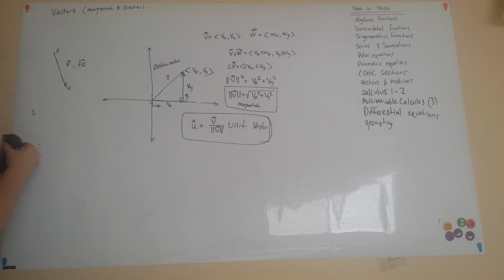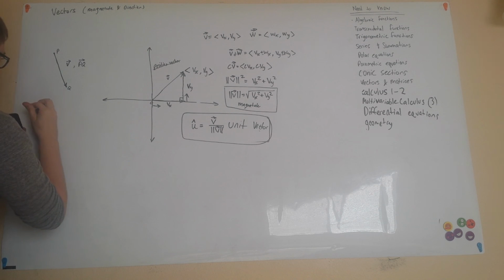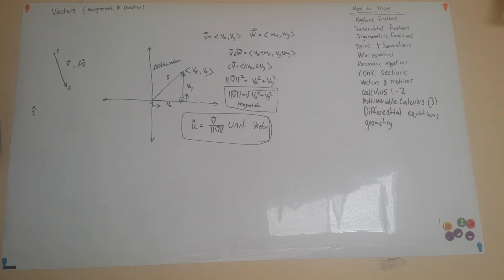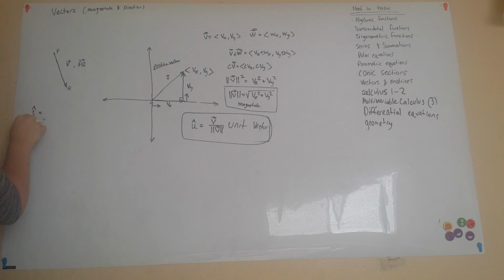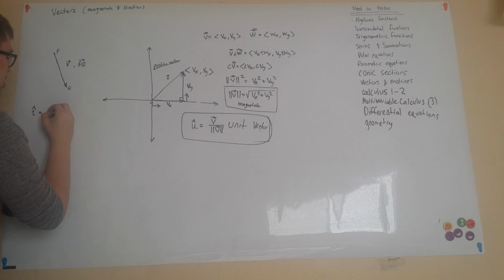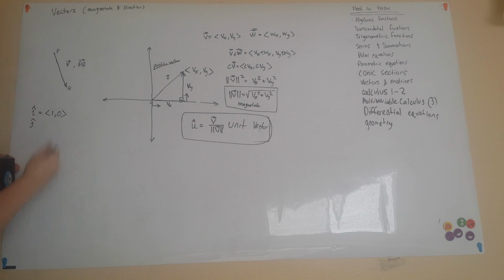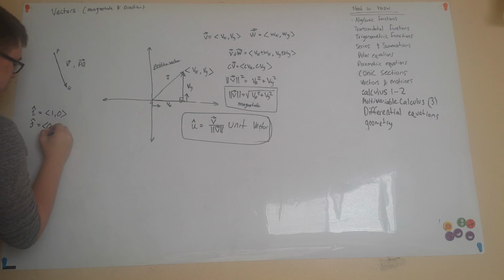So I put an I. There's I. That is a standard unit vector. The I unit vector is, let's see, 1, 0, and the J unit vector, standard unit vector, is 0, 1.